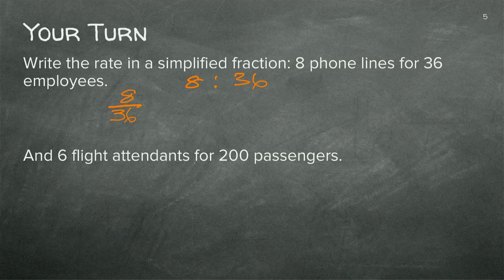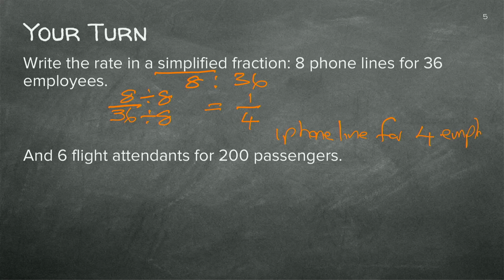There's 8 lines for 36 employees. So to simplify it, we can divide 8 here, and we can divide 8 here. So this is going to give us 1 over 4. Then we're going to write, there's going to be 1 phone line for every 4 employees. Okay, remember you've got to answer it in a sentence.